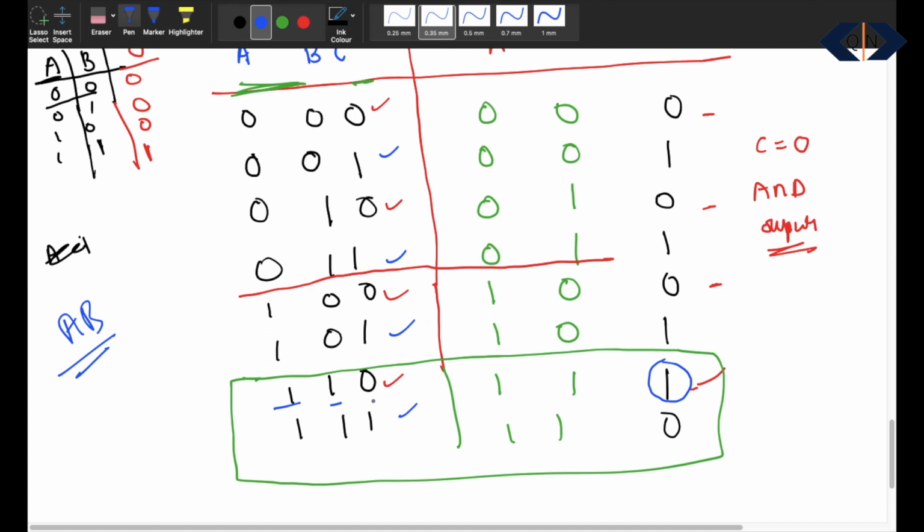Here C was 0, and now it is flipping, our third bit is flipping to 1. Now if this is 1 and this is 1, this bit is getting flipped, right?